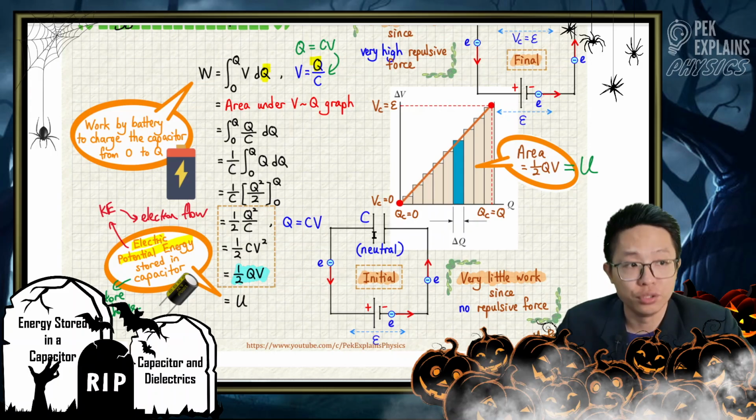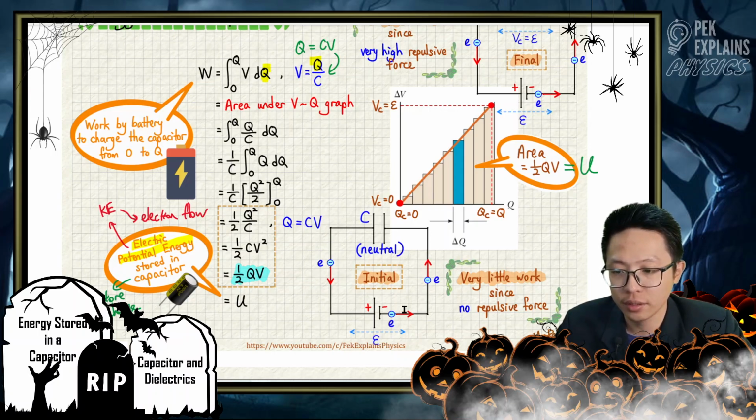Initially the capacitor is neutral. When you connect to the battery, the battery will start to extract the electrons from the positive plate to go to the negative plate.